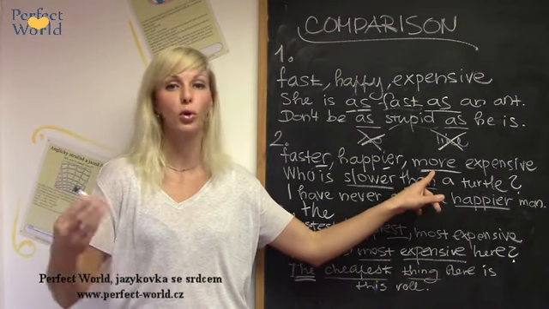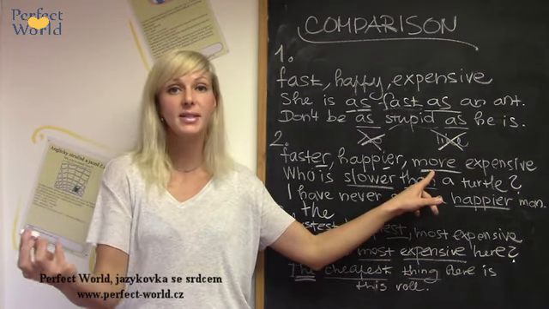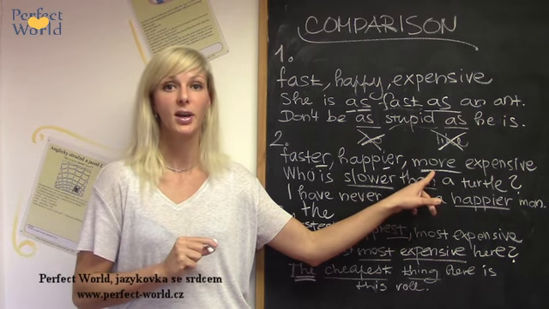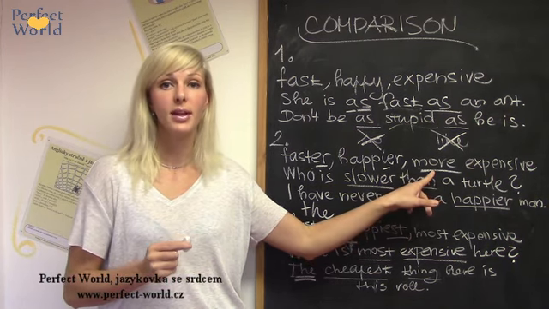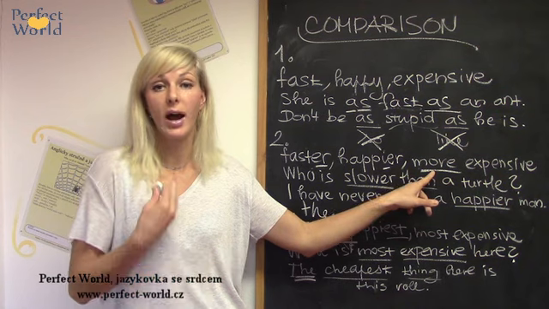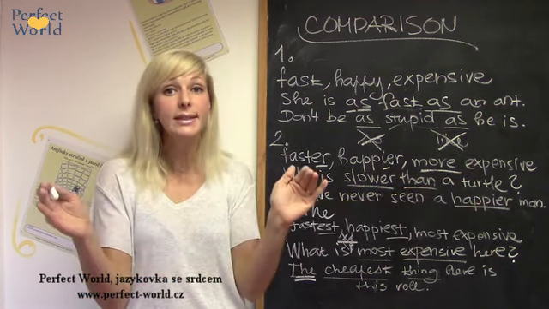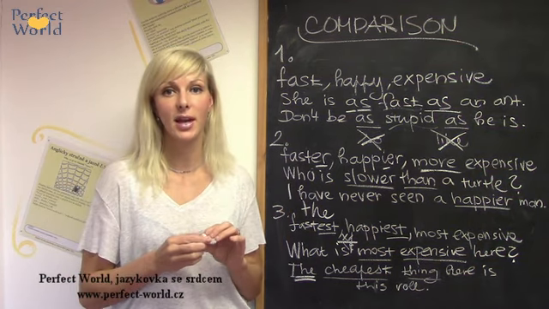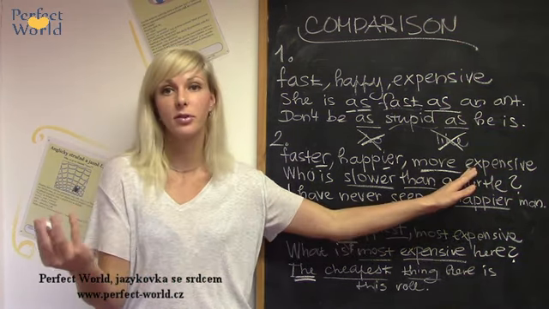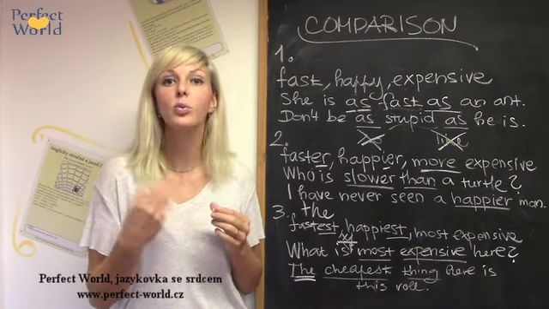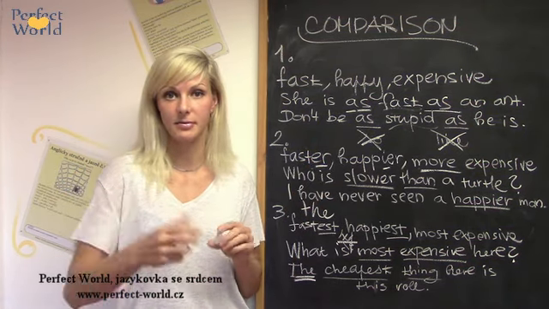So you have, for example, more boring or more expansive, more beautiful, and so on. The reason, I think, is that the word would be too long if you added something else like ER. For example, expansiver sounds really horrible. So that's why we just say more expansive.